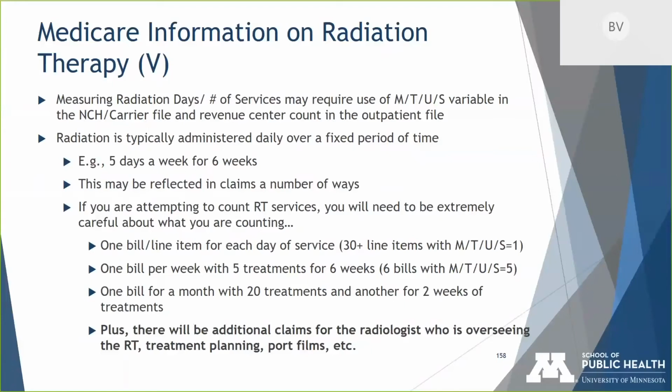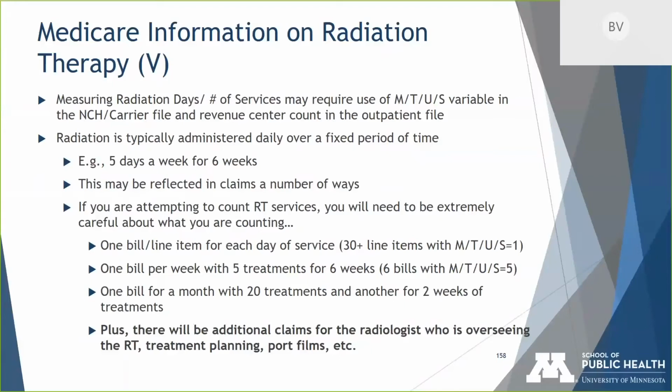Additionally, you might see one bill for a month with 20 treatments, so 20 line items. But then subsequently, you would see another bill for 2 weeks of services with an MTUS of 10. So it really can show up a number of different ways, and you need to be very careful that you're not over or under counting the number of services or treatments that an individual received.